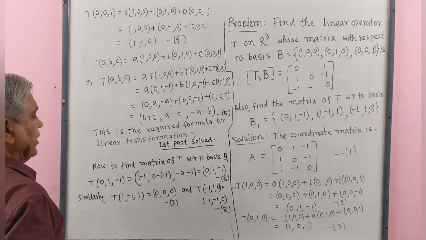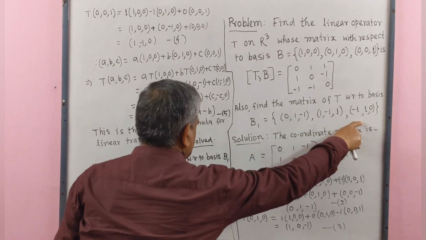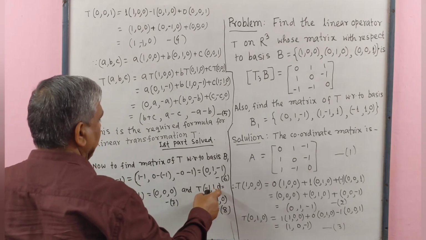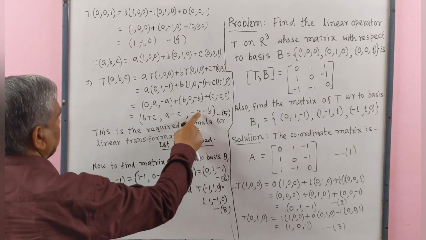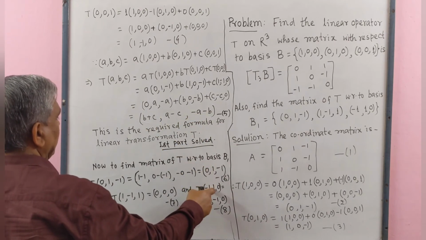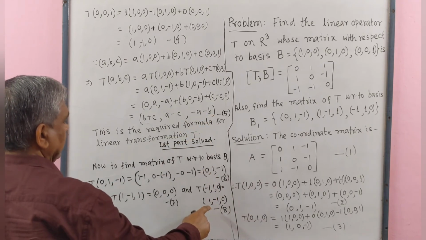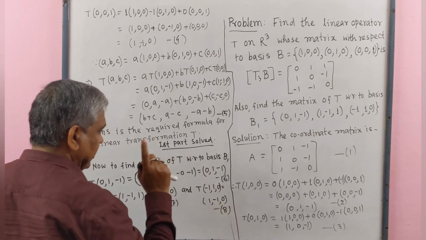Now, we find T of the third element. -1 is a, 1 is b, and 0 is c. On the right side also, we put a equal to -1, b equal to 1, and c equal to 0, and we get the ordered triplet (1, -1, 0). This is number 8.